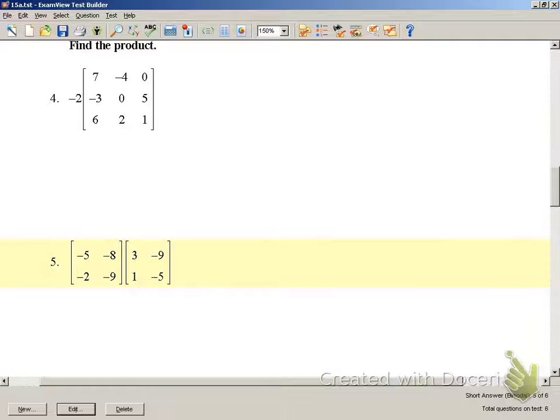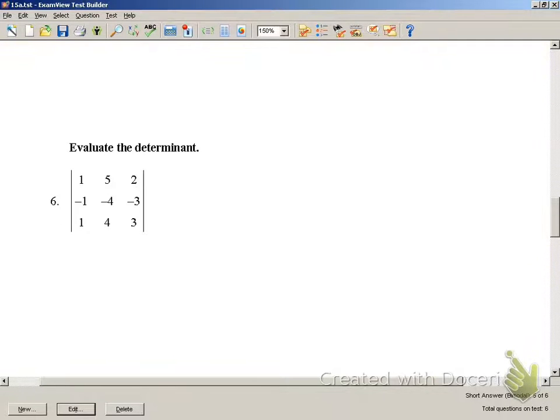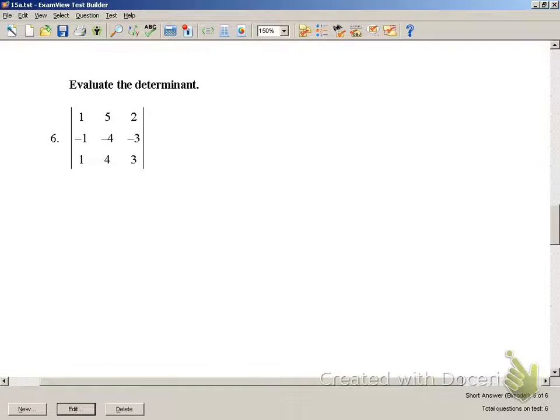Number 6. We're asked to find the determinant. Now, if we're asked to find the determinant of a 3 by 3, the first thing that we are to do is to write the first 2 rows, or recopy those over here. That way, when we multiply, that gives us those other 2 rows. Now, we multiply 1 times negative 4 times 3.